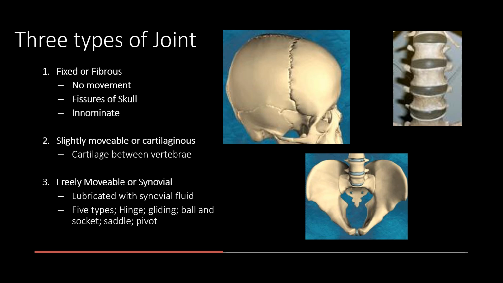So the freely movable or synovial joints are either a hinge, gliding, ball and socket, saddle, or pivot joint. We're going to have a look at those 5 types of freely movable joints in the body, which is the biggest group of all.